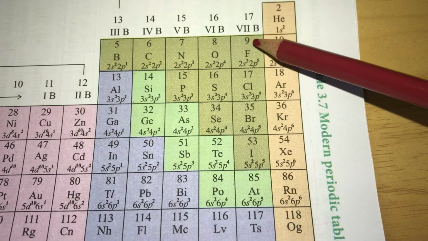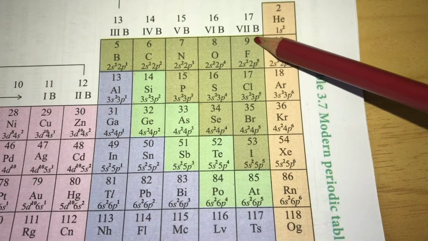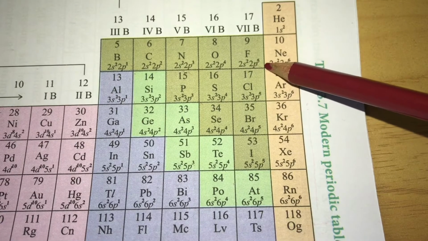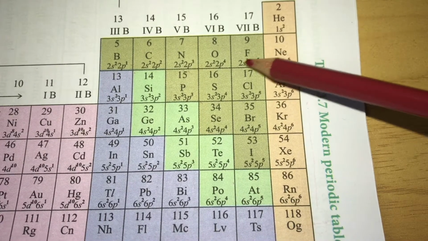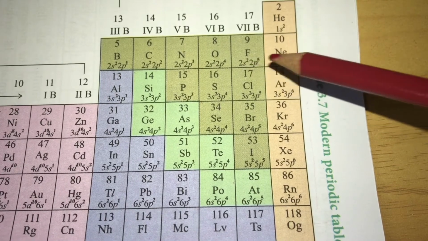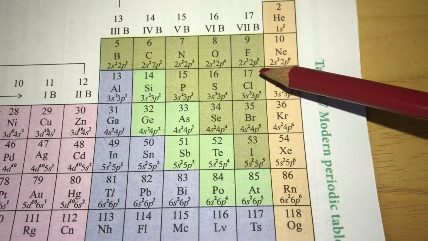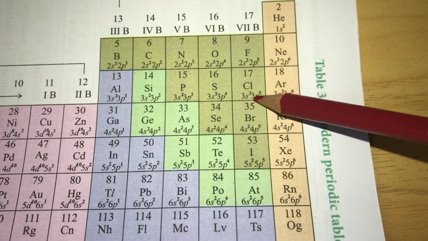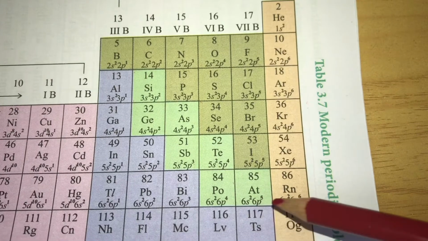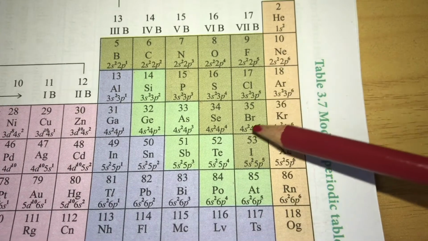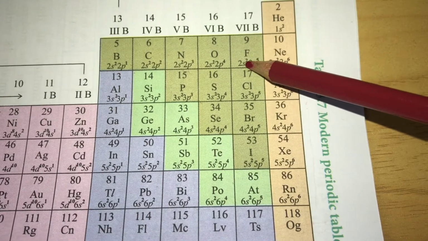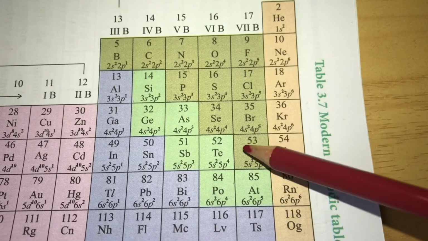Fluorine, atomic number 9, is 1s2 2s2 2p5, with 2 electrons in the s orbital and 5 electrons in the p orbital, so 7 in the last level. Then 3s2 3p5, 4s2 4p5, 5s2 5p5, 6s2 6p5. All contain 2 plus 5, that is 7. So the general electronic configuration is ns2 np5.